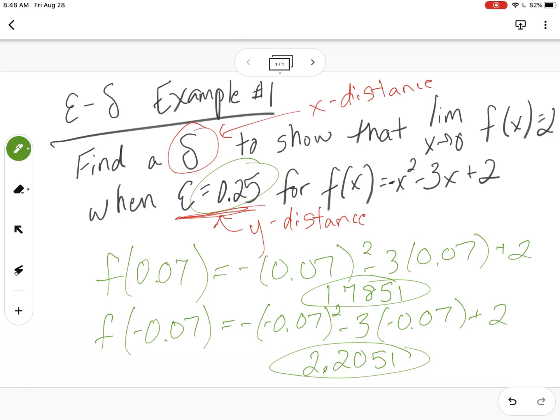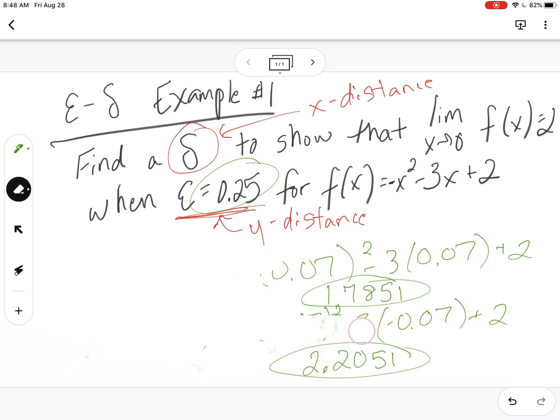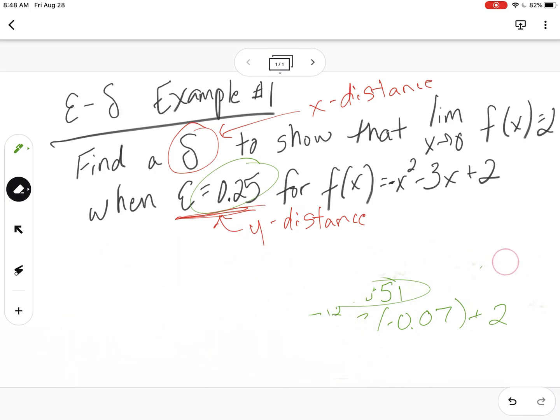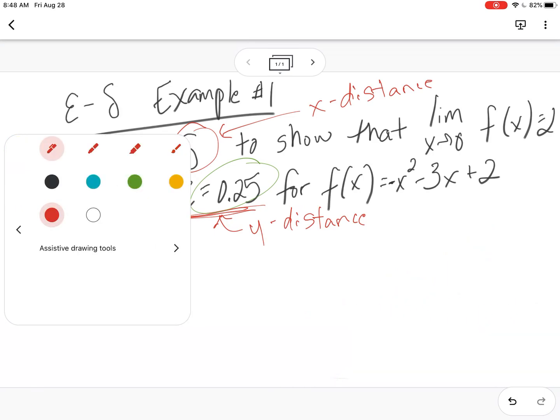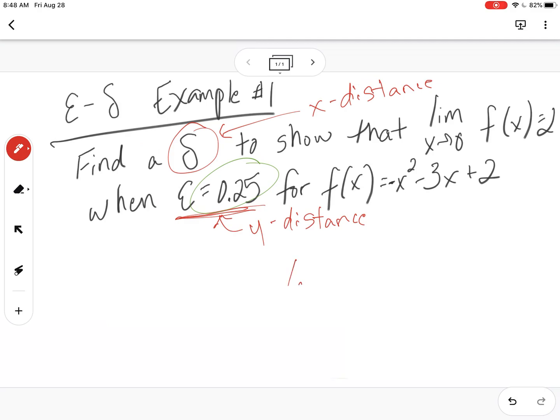So I'm going to erase this really quickly and reiterate what I'm getting at. I wanted my x values to produce numbers between 1.75 and 2.25.